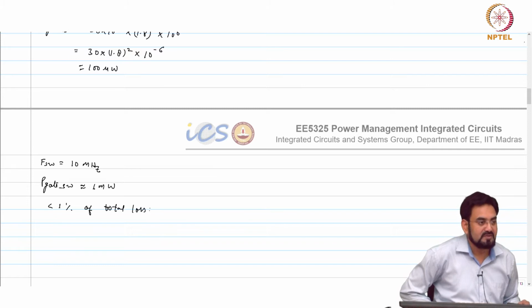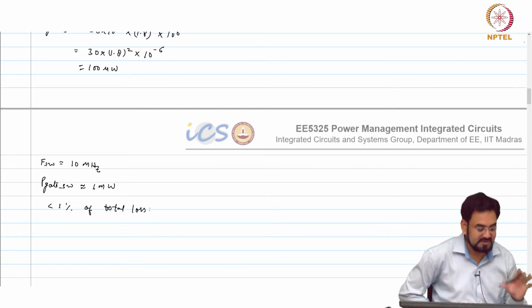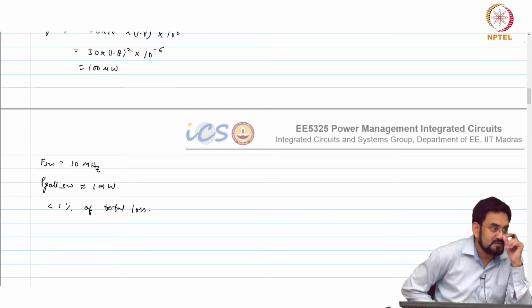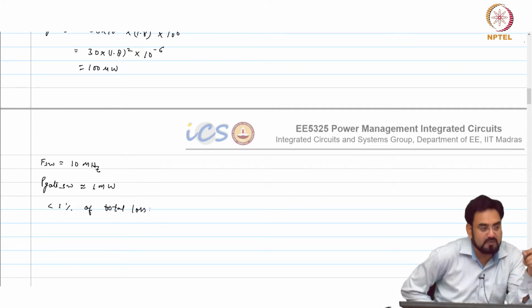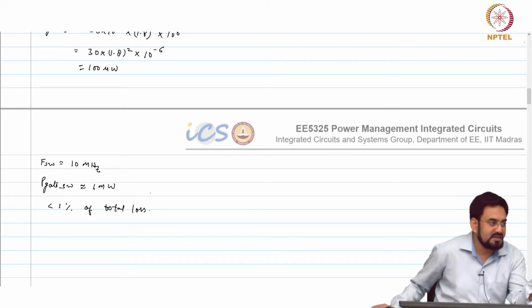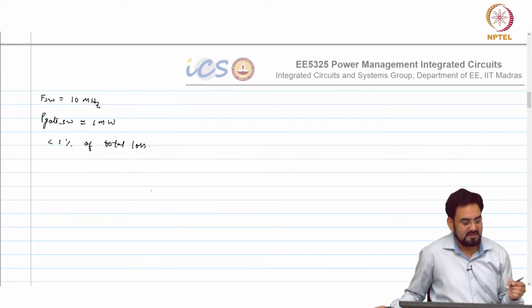Now, what is the other switching loss? This is okay, but we have one more switching loss, dead time. If at 10 megahertz that becomes very high, then it will kill your efficiency. So, we may have to go back and see what the total switching losses are at 1 megahertz and 10 megahertz, then we will finally decide.